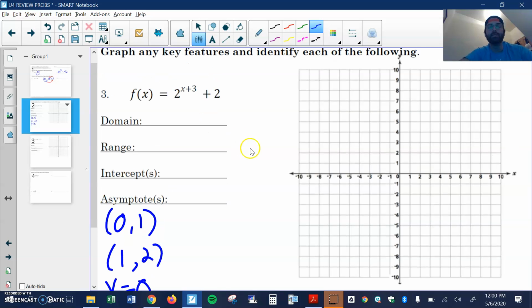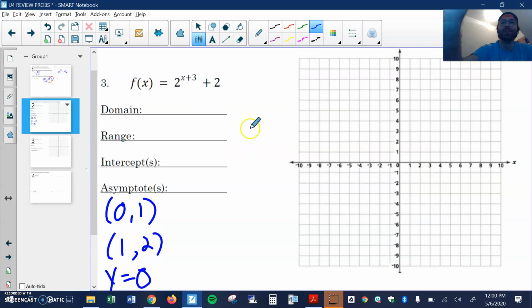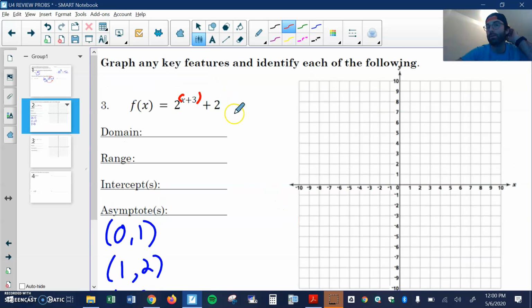So I want to look at my original. What is the plus 3? I think about this plus 3 as kind of being in parentheses. When it's next to our x, inside parentheses, remember we do the opposite. So we would think we would go to the right 3, but in fact we go left 3.